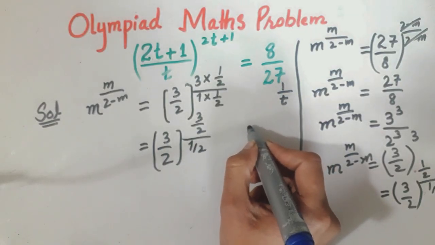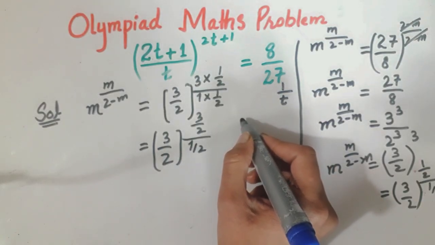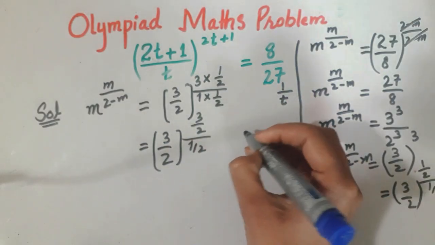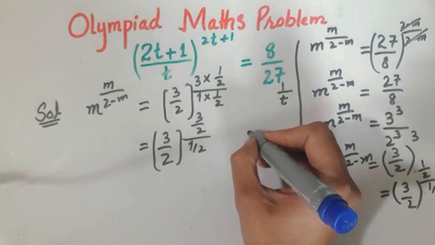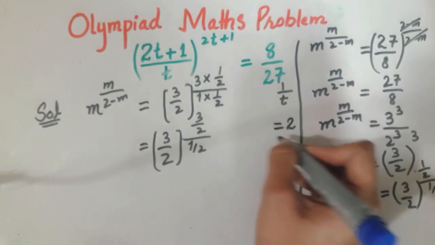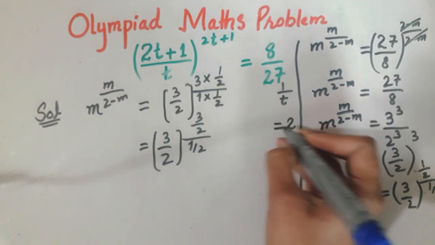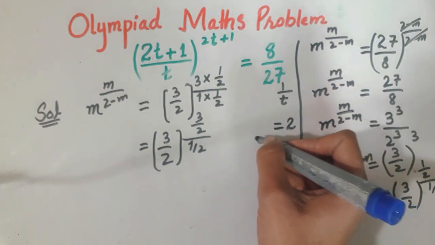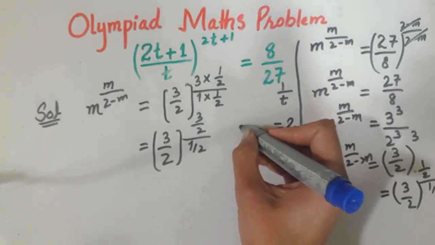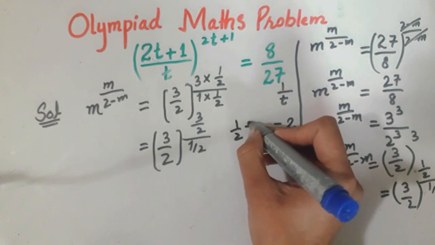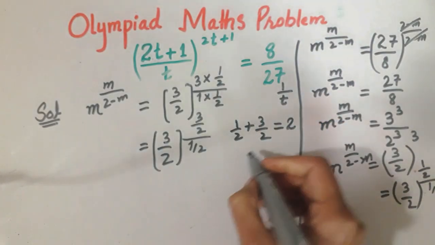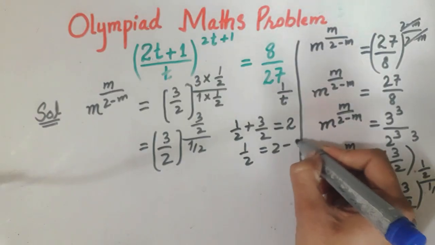Now we have to make this as 3/2, 2 - 3/2. So to get 2, what will we add to this? It means that 1/2 plus 3/2 equals 2, and 1/2 equals 2 - 3/2.